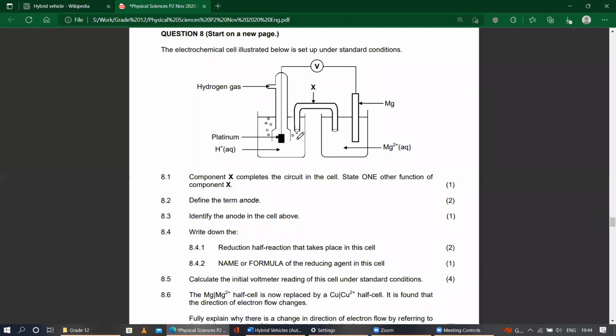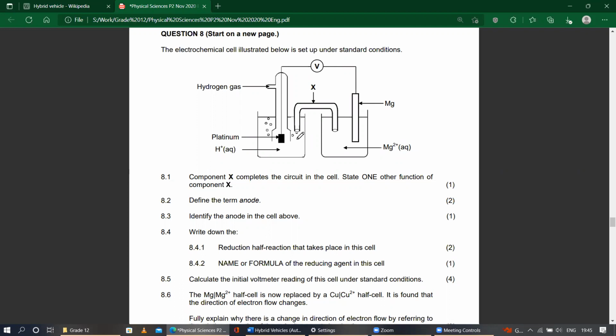So you said it's to keep it neutral. So by neutral, what do you mean by neutral? Because it's a cell with a reaction occurring. So you can't just say it's to keep it neutral. Is it to keep the cell or the circuit or the reactions neutral? It's to keep the whole solution neutral, isn't it, sir?